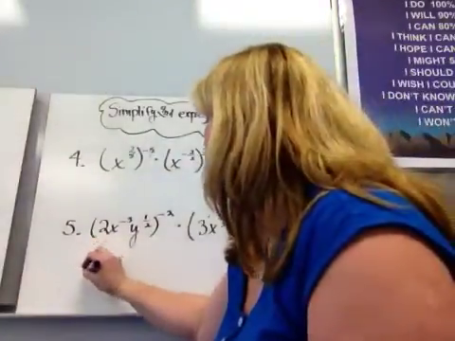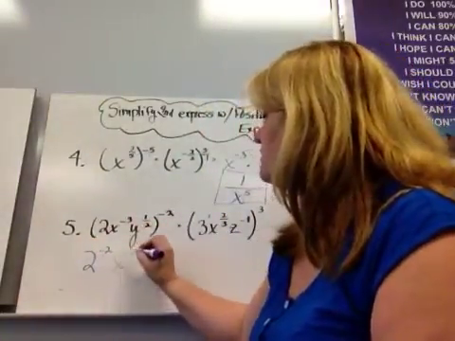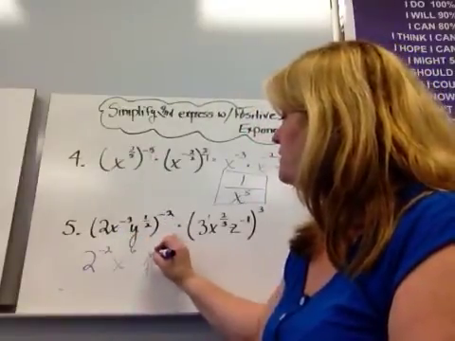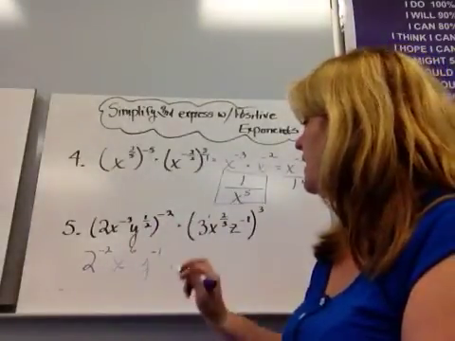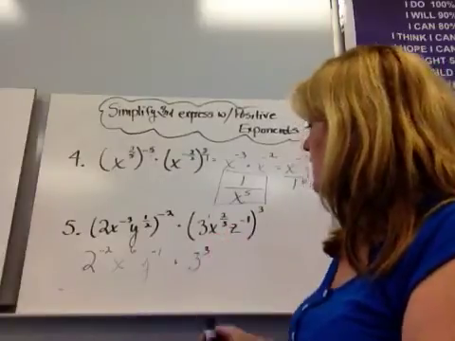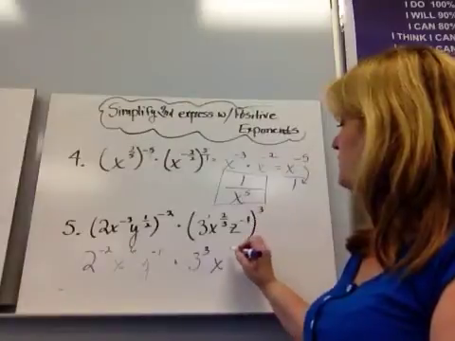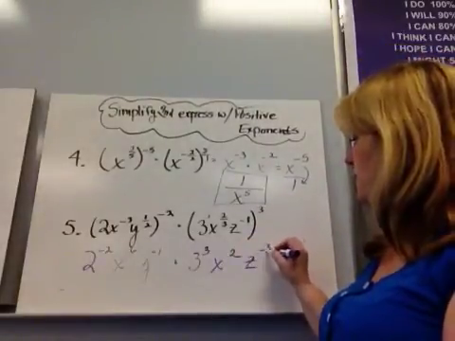So I have 2 to the negative 2, because 1 times negative 2, x to the positive 6, y to the negative 1, because 1/2 times negative 2, right? And I got, all right, times 3 cubed, because 1 times 3, x to the, and the 3s will cancel, squared, z to the negative 3, okay?